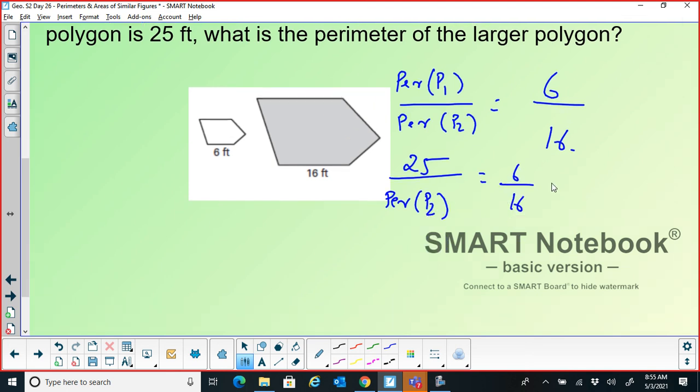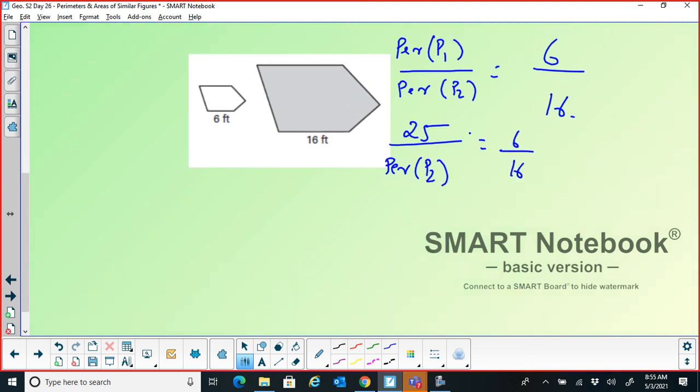Let's cross multiply to get 25 times 16 equals 6 times the perimeter of the second polygon. Then divide by 6 on both sides.